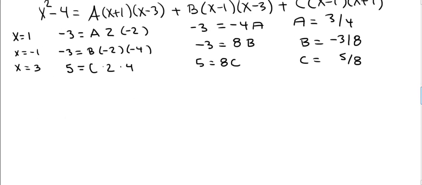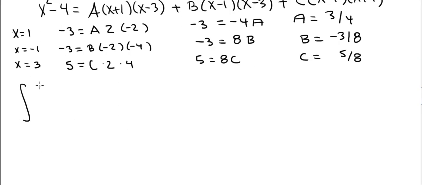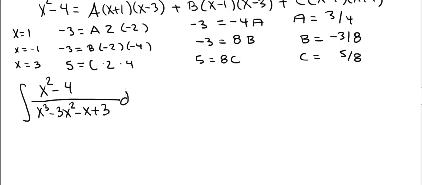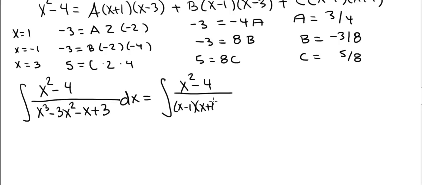Our original integral was (x² − 4)/(x³ − 3x² − x + 3). After factoring, that's (x² − 4)/((x − 1)(x + 1)(x − 3)), and that was equal to the integral of a/(x − 1) + b/(x + 1) + c/(x − 3).